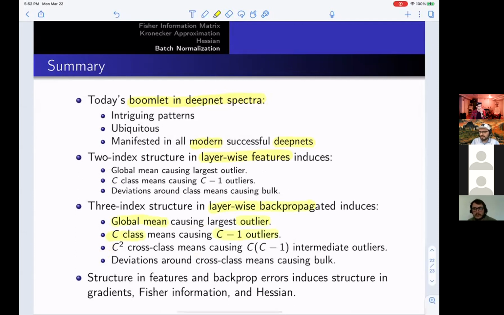C class means causing the C-1 outliers. C-squared cross-class means, which caused the mini-bulk. And we saw how the structure in the features and the backpropagated errors induces the structure in the gradients, the feature information G, and the Hessian.